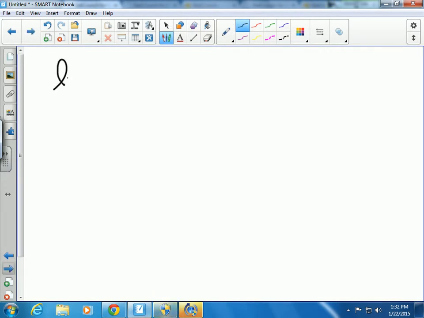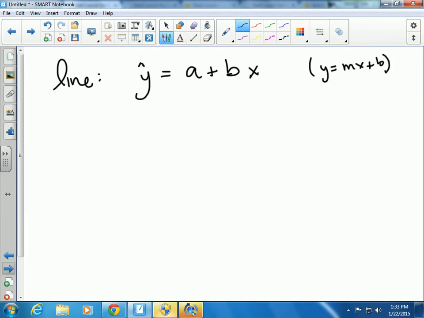If the line is given as y hat equals a plus b x, and if that's hard for you, just remember from all your previous math that this is just mx plus b, all right? Where b, in this case, is the slope, which is very different from that b. So it's a way to have algebra and statisticians not want to talk to each other about certain concepts, like the way we label stuff in textbooks, but regardless.